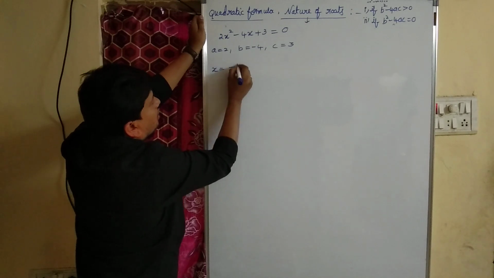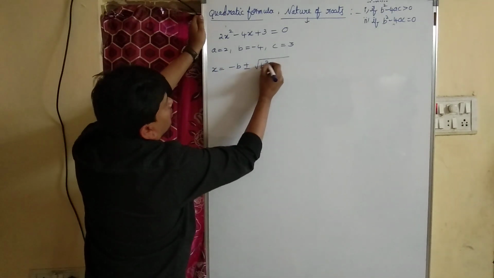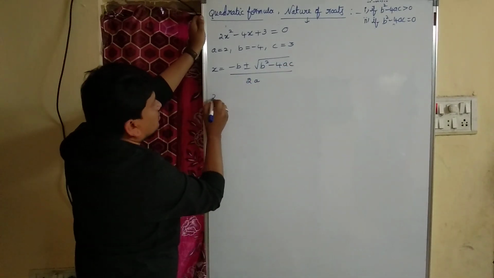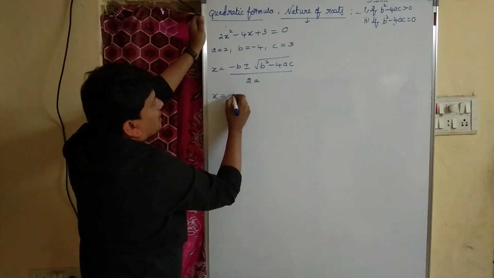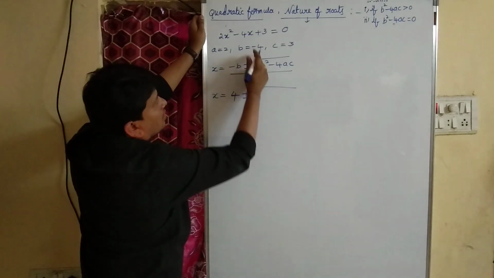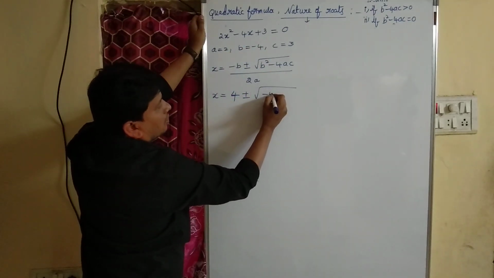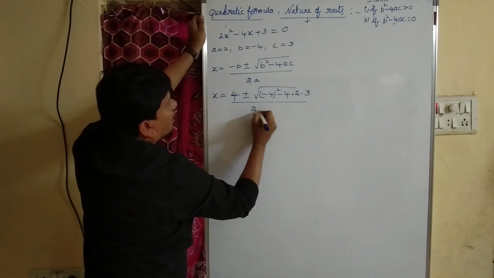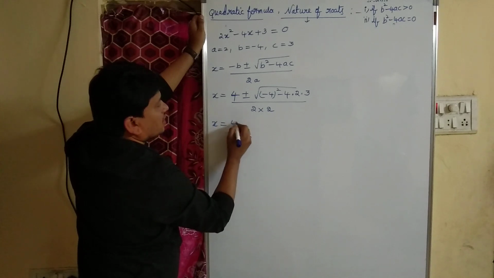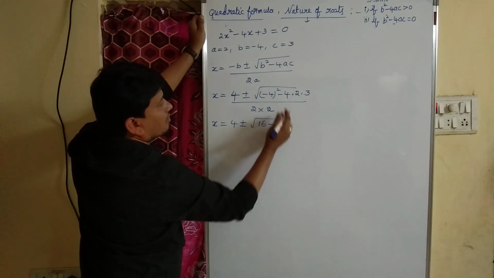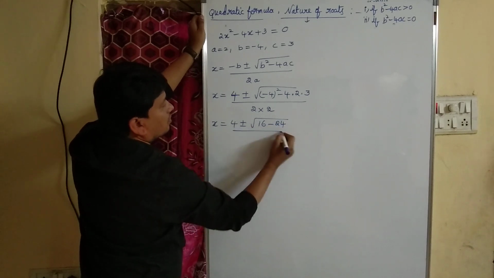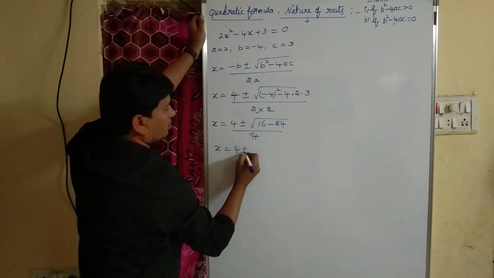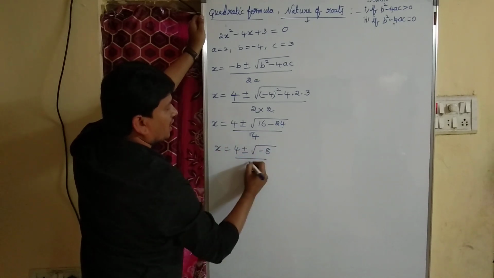Let us use the quadratic formula x equal to minus b plus or minus root over b square minus 4ac by 2a. x equal to minus of minus 4, that is 4, plus or minus root of 4 whole square minus 4 into a value 2, c value 3, divided by 2 into 2. x equal to 4 plus or minus root of 16 minus 4 twos are 8, 8 threes are 24, by 2 twos are 4. So x equal to 4 plus or minus root of 8 by 4.